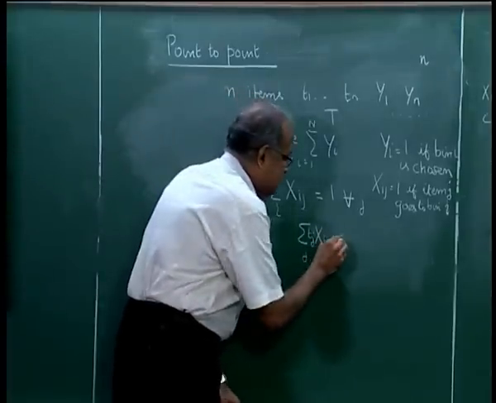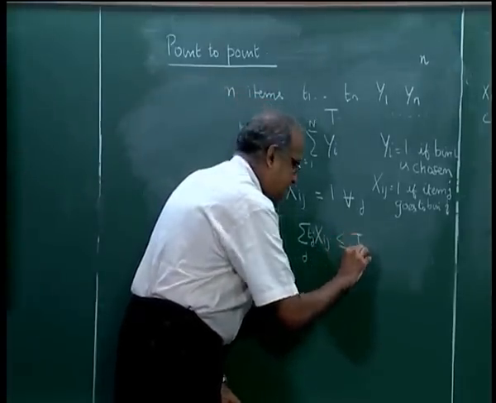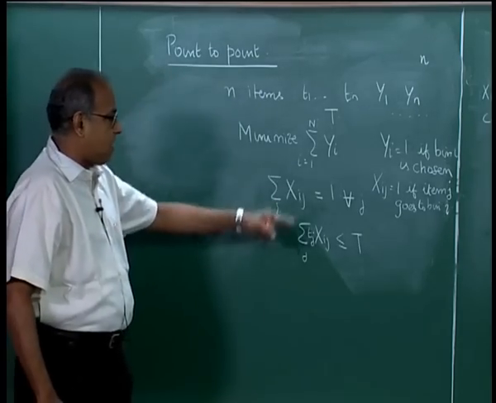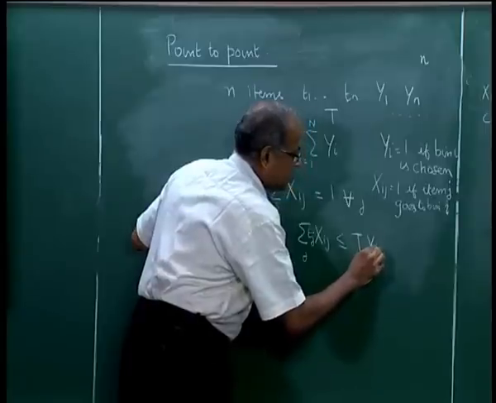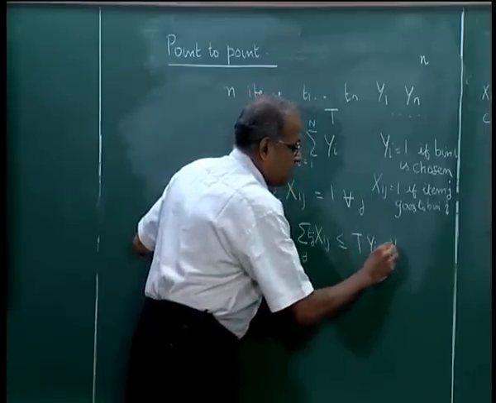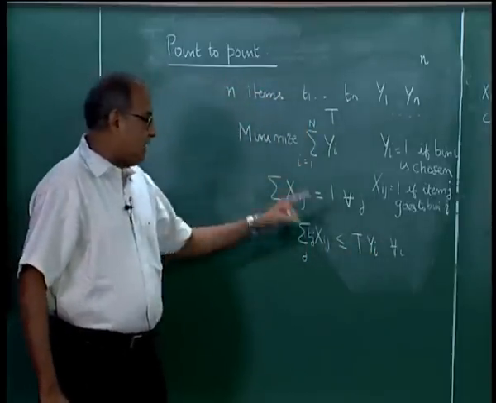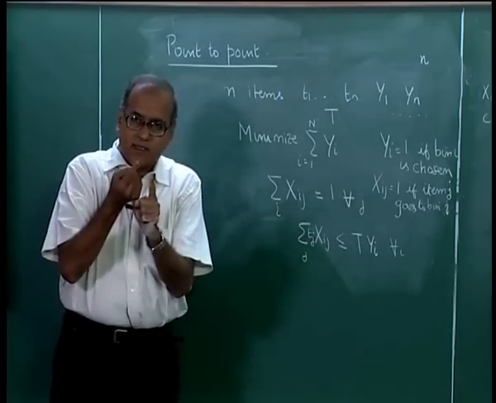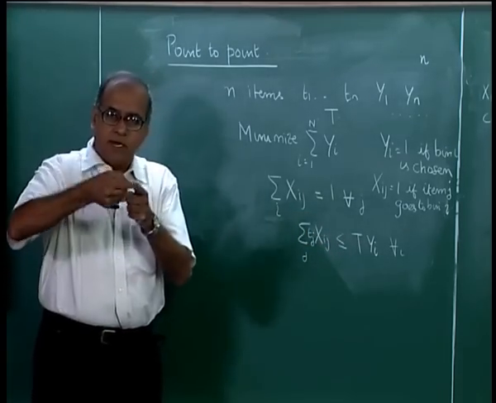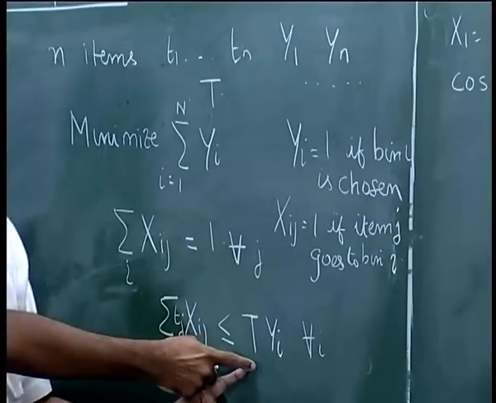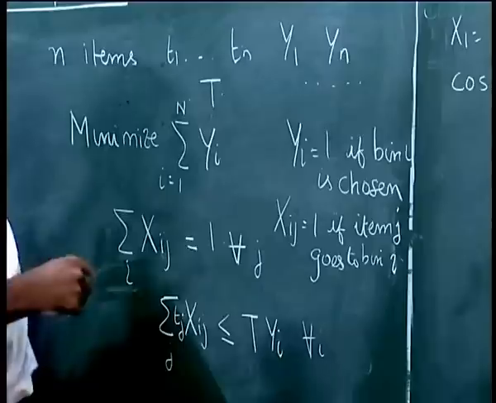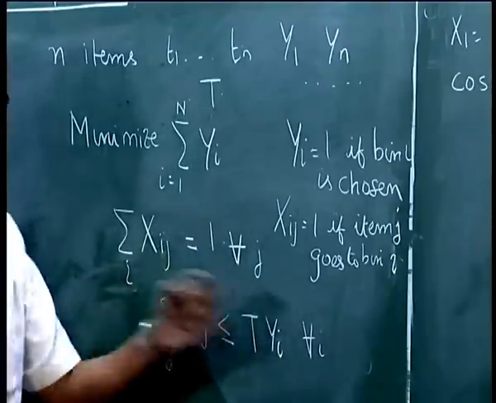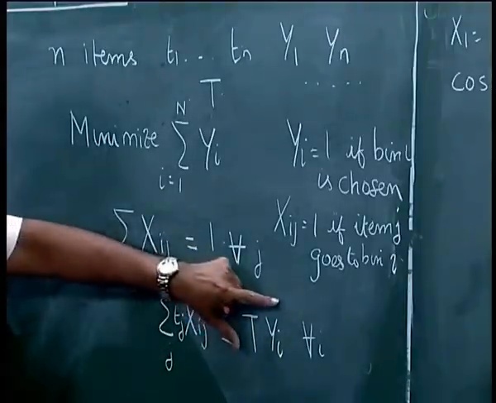Now, this should be less than or equal to t, which is the overall bin length, and then this should be less than or equal to t into yi for every i. So, yi is equal to 1 when the ith bin is chosen, and when the bin is chosen it gives us a capacity of t, and then whatever goes into the bin should be less than or equal to this. So, this is one way of doing it.